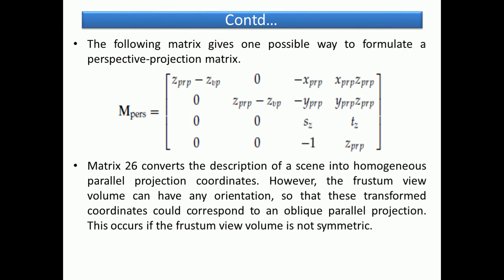We can do this by setting up the matrix elements for the z transformation so as to normalize the perspective projection zp coordinates. There are various ways that we could choose the matrix elements to produce the homogeneous coordinates as in the previous equation, that is the equation for xh and yh, and the normalized zp value for a spatial position x, y, z.